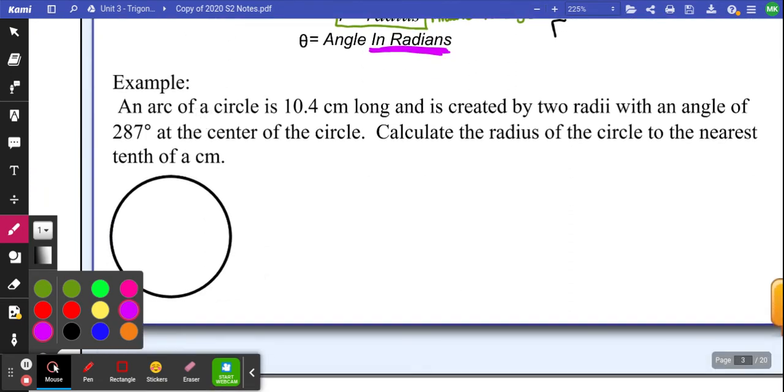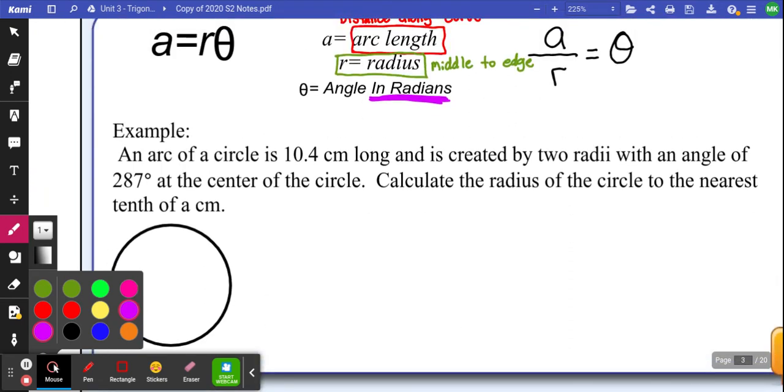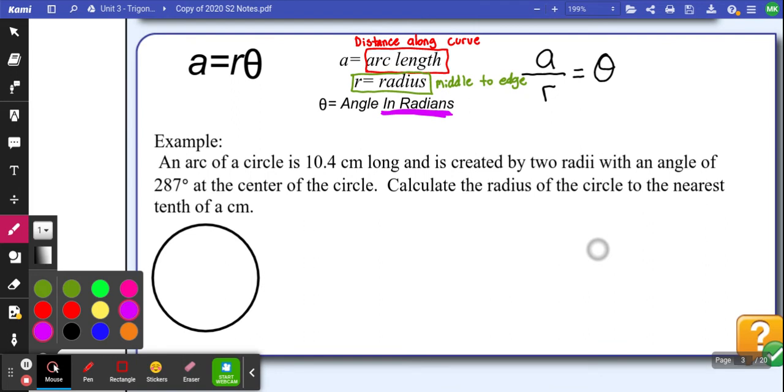So let's try this one. It says the arc of a circle is 10.4 centimeters long and is created by two radii with an angle of 287 degrees at the center of the circle. Calculate the radius of the circle to the nearest tenth of a centimeter. Okay, let's draw what they said. They've drawn a circle for you already. That's nice of them.